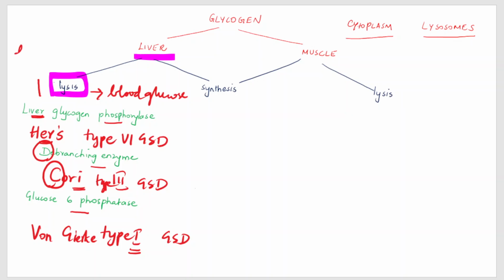It can lead to hypoglycemia, because it can't contribute to blood glucose level because of these enzyme deficiencies. Also, abnormal glycogen can accumulate in the liver, which can lead to hepatomegaly.